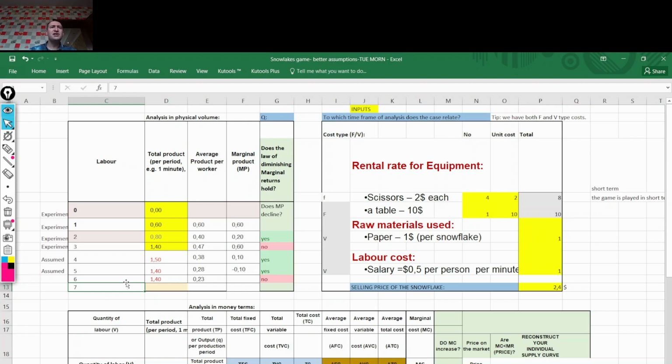So I would have expected, of course, the law of the diminishing marginal product to assert itself, especially in that range where we didn't run experiments. You can imagine there would have been a mayhem around the table, too many people running and being excited about the game, and just 4 scissors lying on the table.